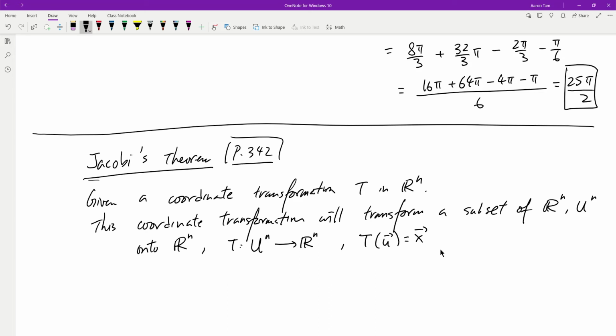In other words, in this picture, vector u is like r theta, or r theta phi, or r theta z, and then vector x would be our typical xy or xyz and things like that. Let's say this coordinate transformation is continuously differentiable, which means we want it to have a derivative.